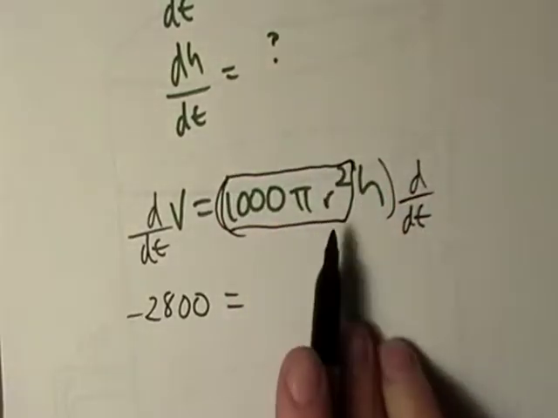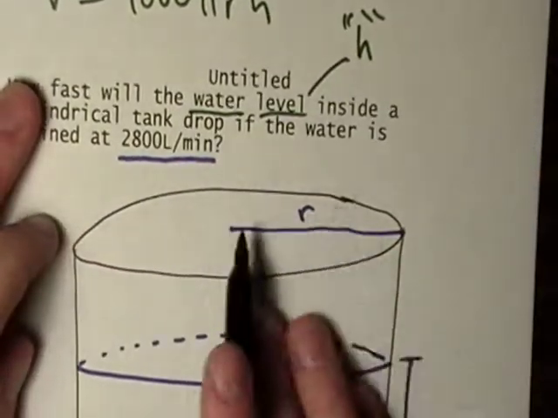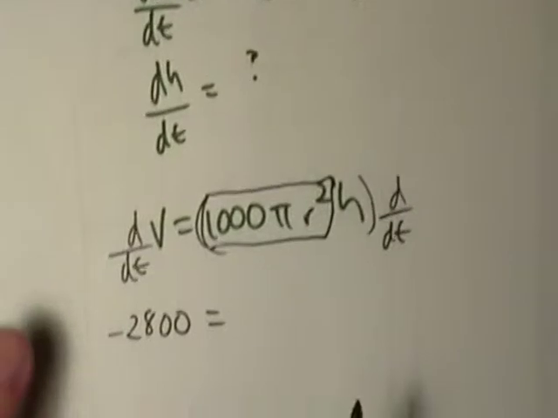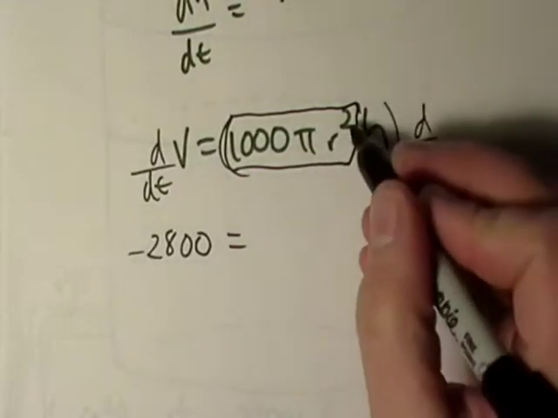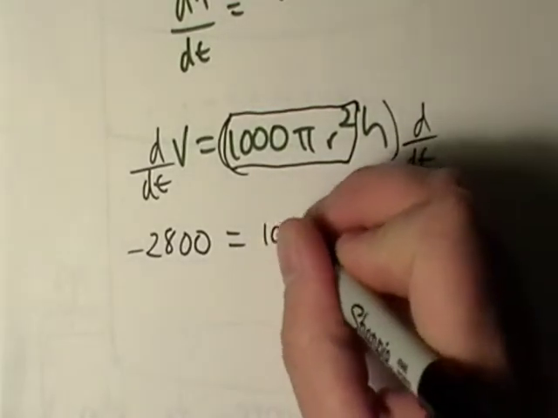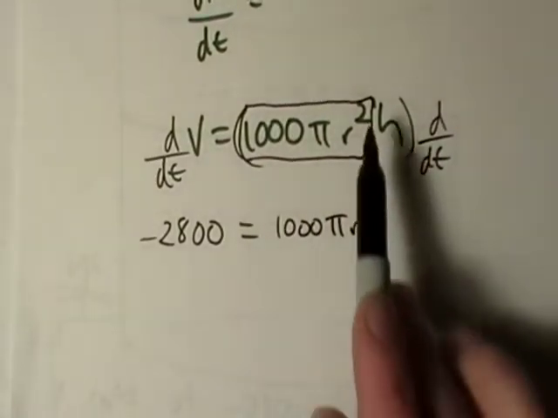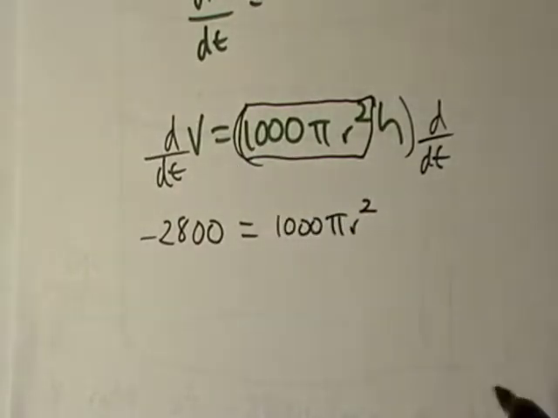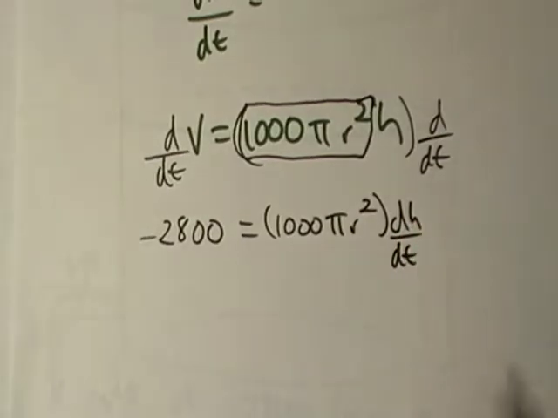Remember I told you the radius doesn't change. As volume shrinks down, the radius still stays the same. So even though it's a letter instead of a number, we still treat it just like a real number, a constant. So what we'll do is take the derivative here, and that is 1,000 pi r squared. Don't be tempted to take the 2 down and take the derivative there, times dh dt.